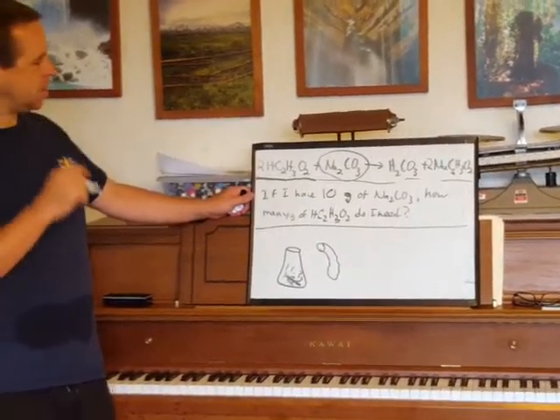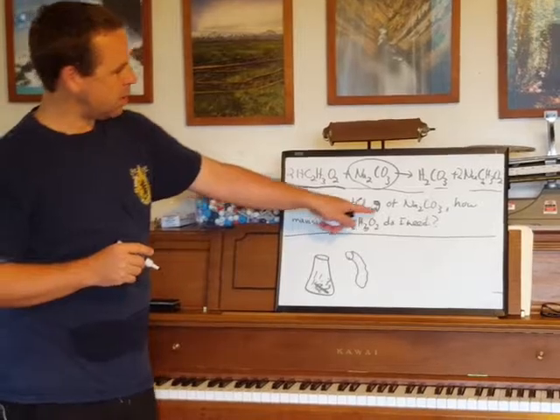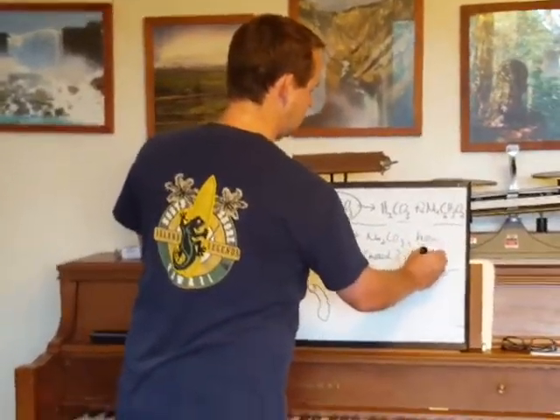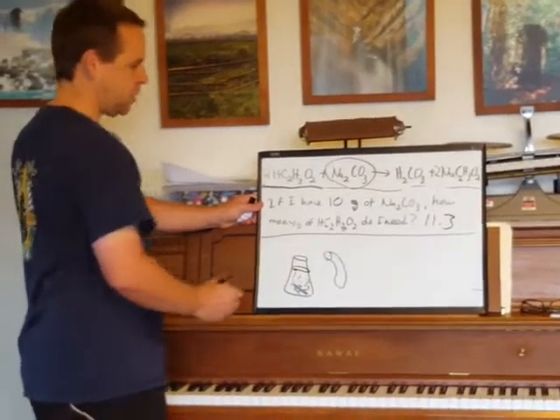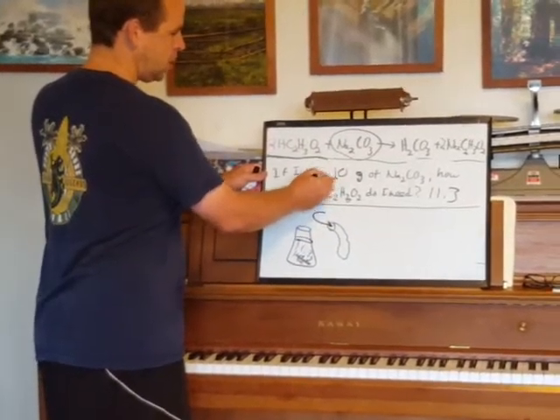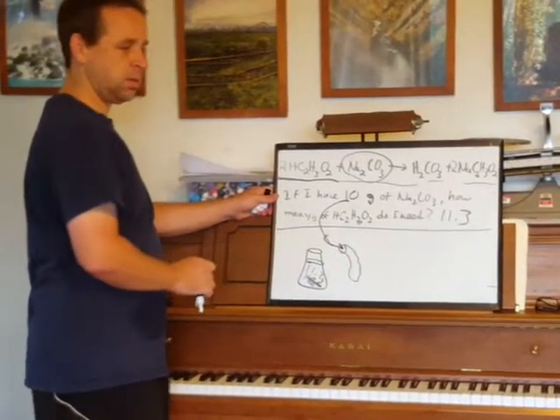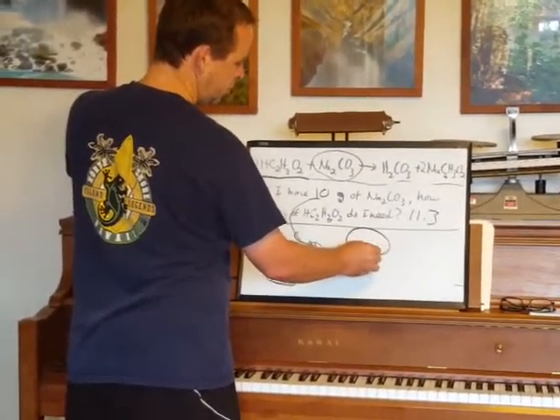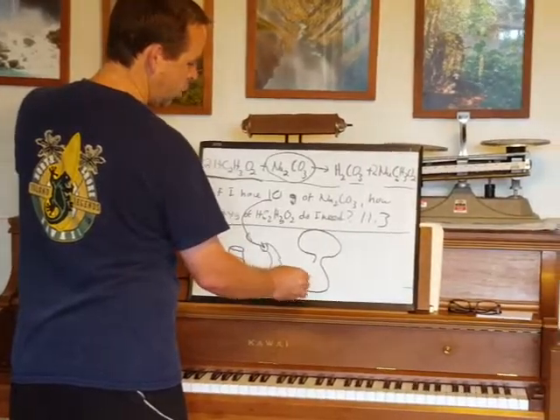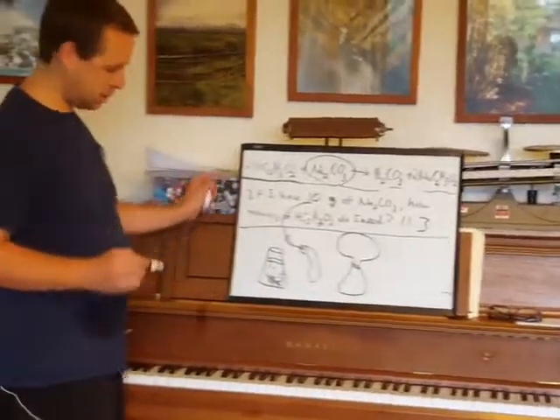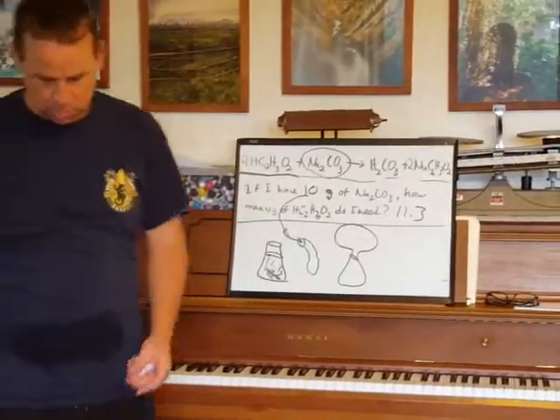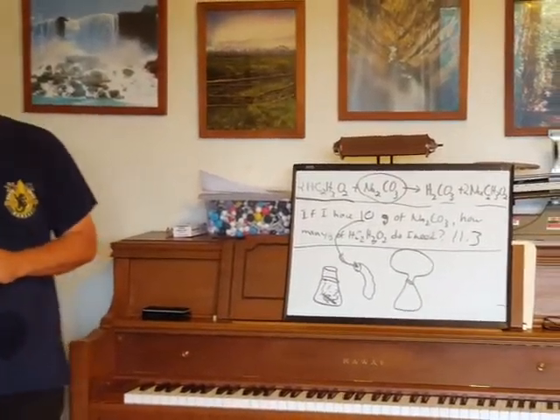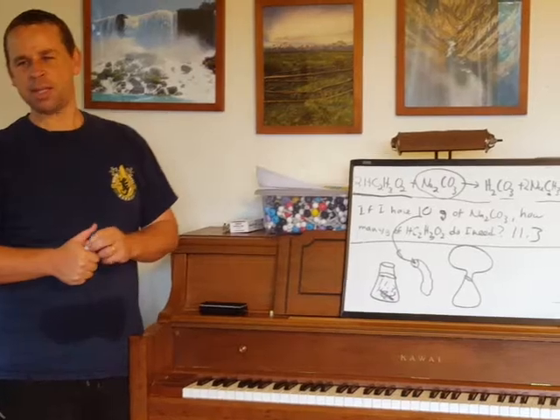Because if I have 10 grams of sodium carbonate, how many grams of this stuff? We decided it was 11.3. So if I have 11.3 of this stuff in here, I need to put 10 grams of that in there. And then I can put the balloon on top, and it will inflate, and I'll know that all of the reactants have been used up, have reacted. Good job. Does that make sense?